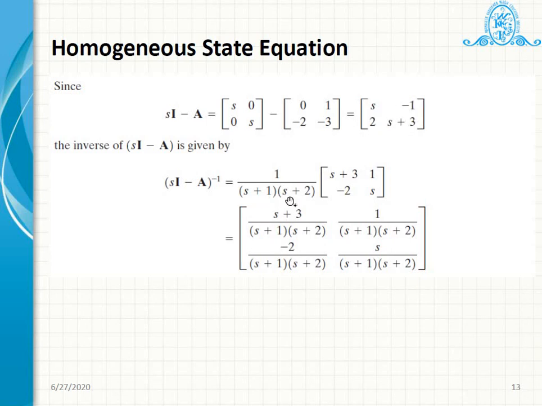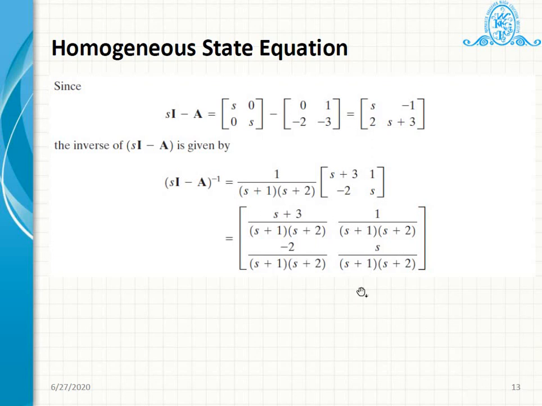So this will be s plus 1, s plus 2. And this is the adjoint of this matrix. By dividing the denominator into all the terms here, we can get it like this. So sI minus A inverse is determined.